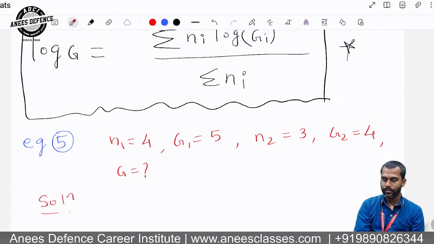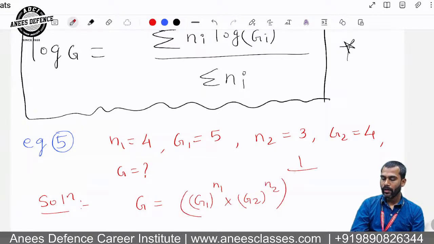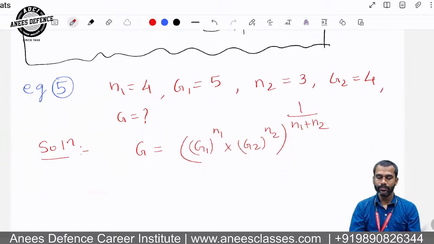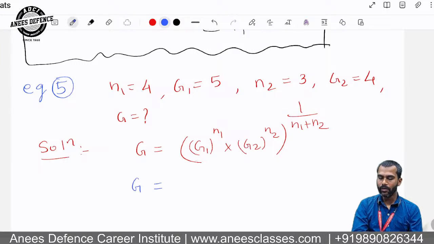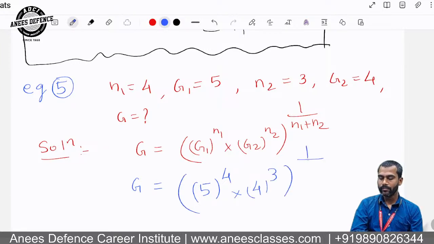G is nothing but G1 raised to N1 into G2 raised to N2, whole power 1 by N1 plus N2. We already know all these values, so I can directly substitute them. G will be 5 raised to 4, what is G2, 4 raised to 3, and power 1 by 7, N1 plus N2.